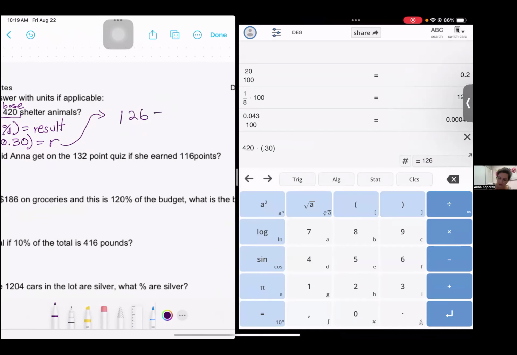So if something is on sale for K percent off, then you will still pay 100 minus K percent of the original price. Together, the off and what you pay have to add up to 100%. Parts per hundred, right there.